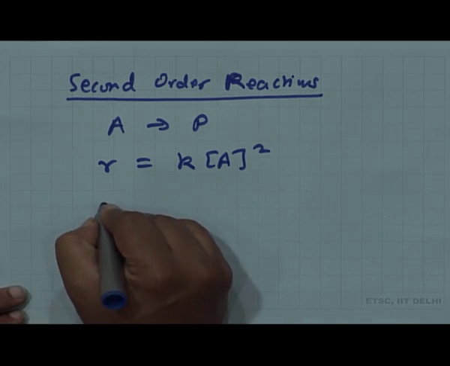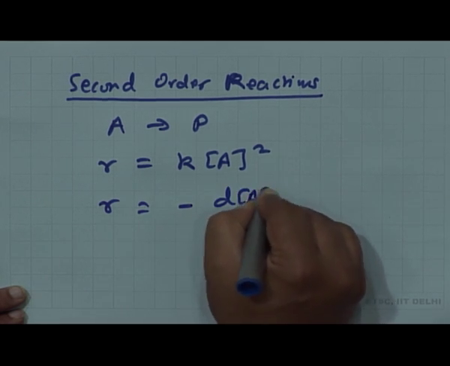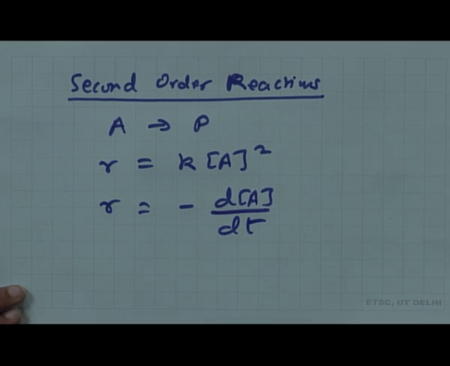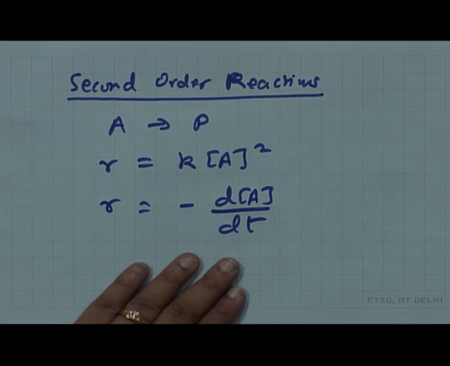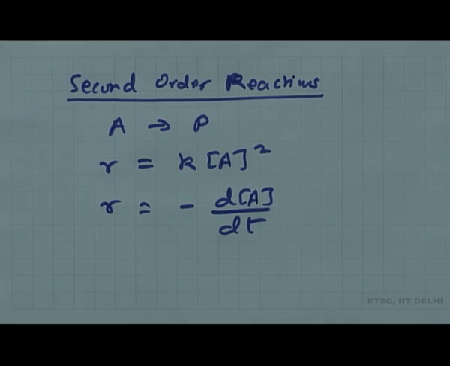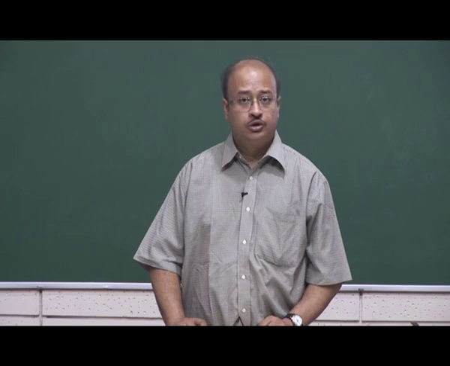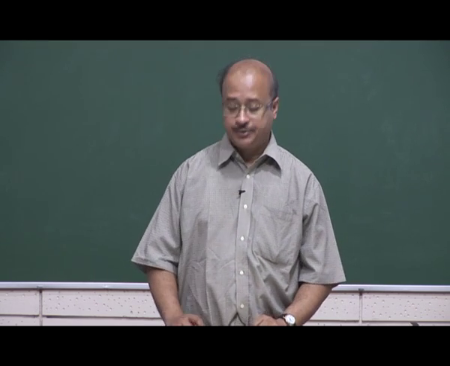Again, rate is expressed as minus d of A over d of t. So, we have two sides of the equation. One side is the expression of rate in terms of the change in concentration, and the other side is the rate expression in terms of the concentration of A raised to the power 2, this being a second order rate equation.